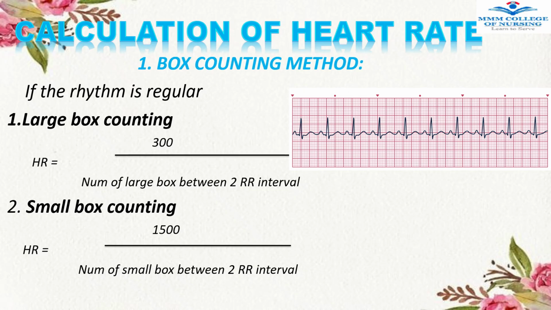The reason is the same as I told you already. Here each small box corresponds to 0.04 seconds. If you multiply 0.04 by 1500, you will get the duration of 60 seconds.